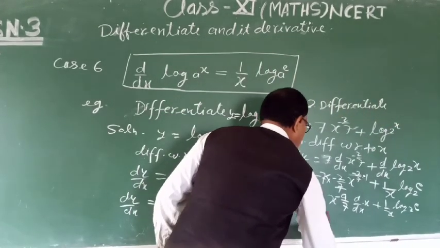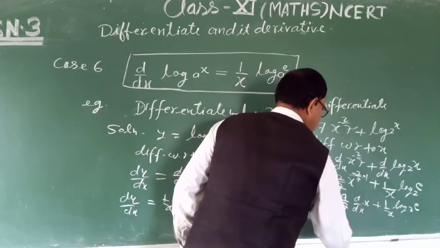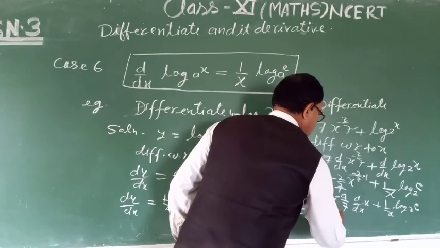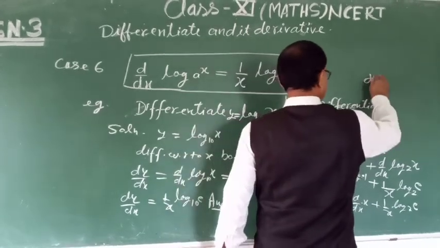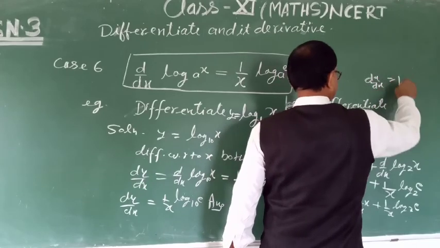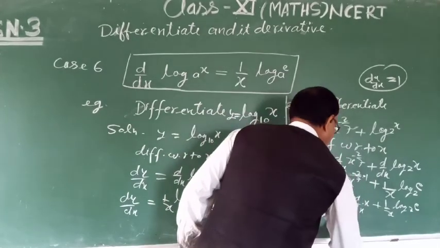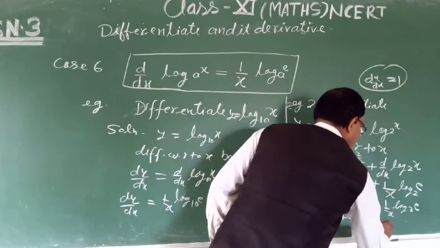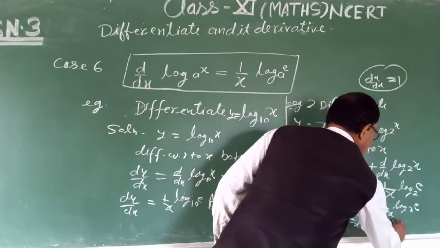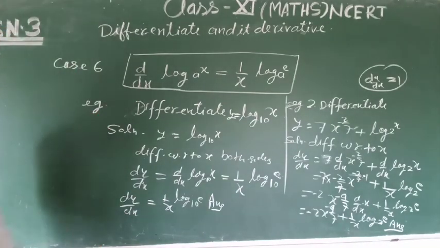Here in minus 2 x power minus 9 by 7, this value is 1. dx by dx is equal to 1. Okay student, then we get plus 1 by x log 2 to the power e, which is the answer. Okay student, these type of questions you can solve by this method.